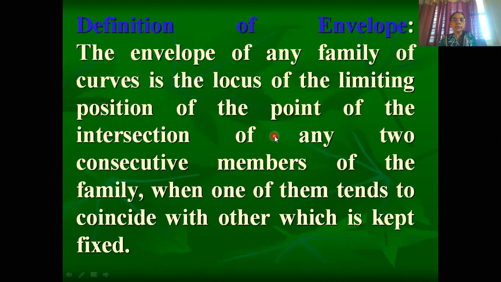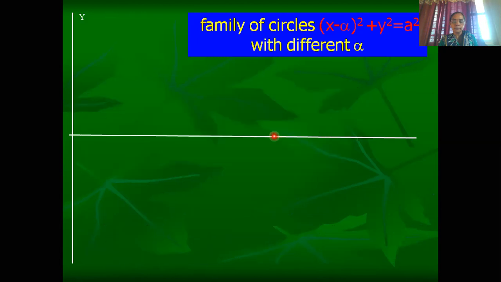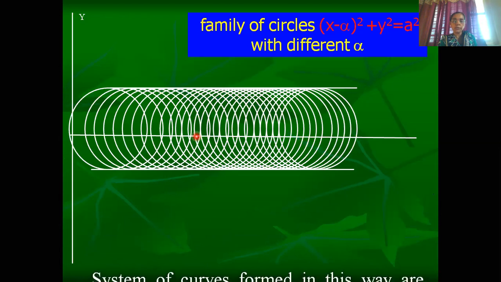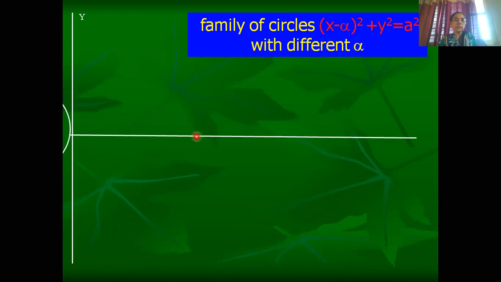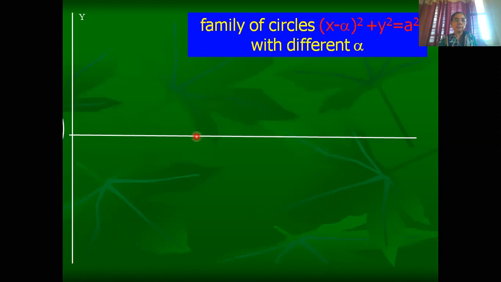Next, we'll have the definition of the envelope. Again, for the envelope, we'll use the same example. If you go on drawing the circles very close to each other, we draw the first one, similarly next we get the second, and in this way go on drawing the circles very close to each other.